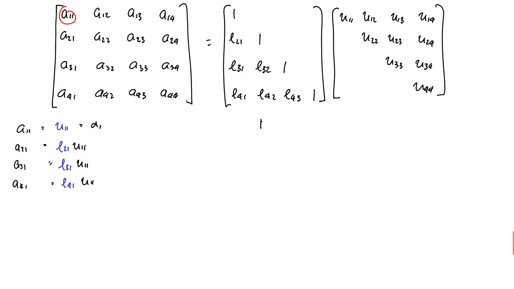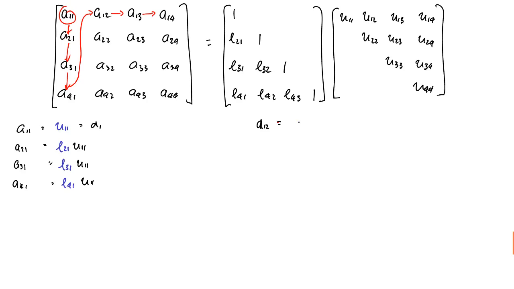A12, we then go across, so we've gone down here, and then we have to go across here. So we'll start writing down some expressions for these entries. A12 equals, once again, it's going to be first row, 1, second column, U12.